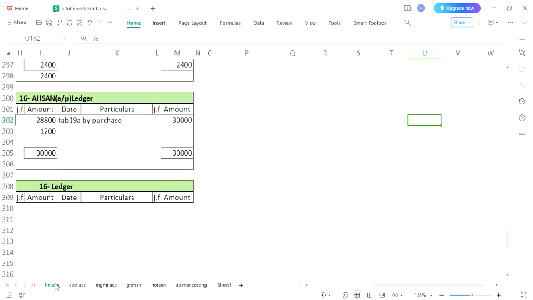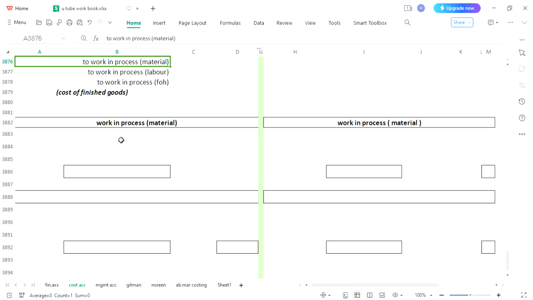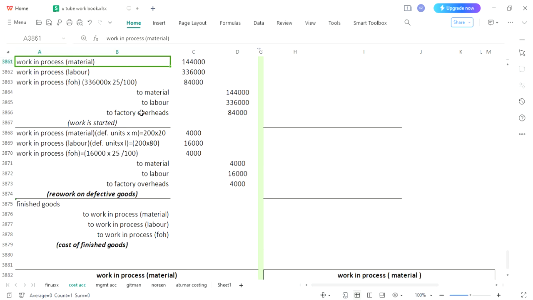Let me see if we have space. Alright guys, this space would be used for making ledgers. Actually I was willing to make a comprehensive ledger, and unfortunately we don't have the space over here. So I will let you know the second option first, then we will see how to make the ledgers as well.